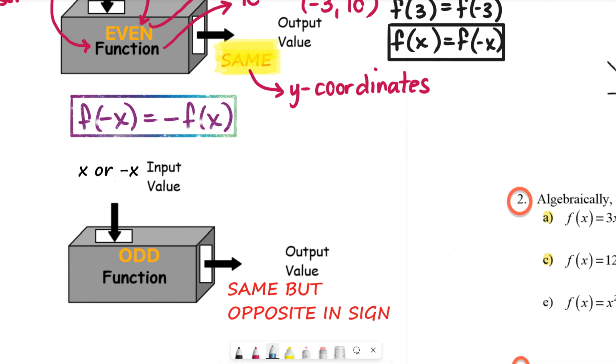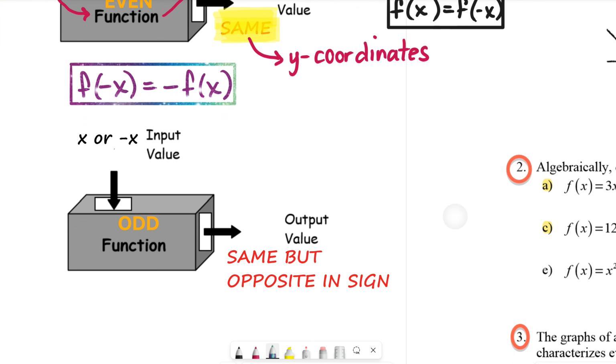You're still choosing a random x or a negative x to be put into the function. And when you finish doing all the simplifying of that function, all the order of operations and combining of like terms, when you end up with an answer, the answers are going to be the same, but with one little adjustment. Both answers must be opposite in sign.